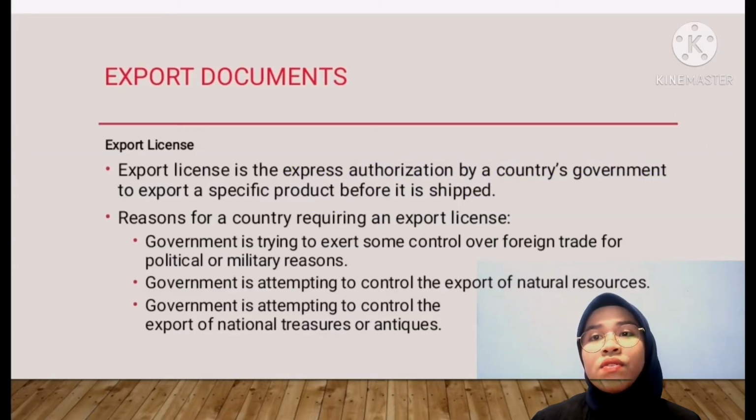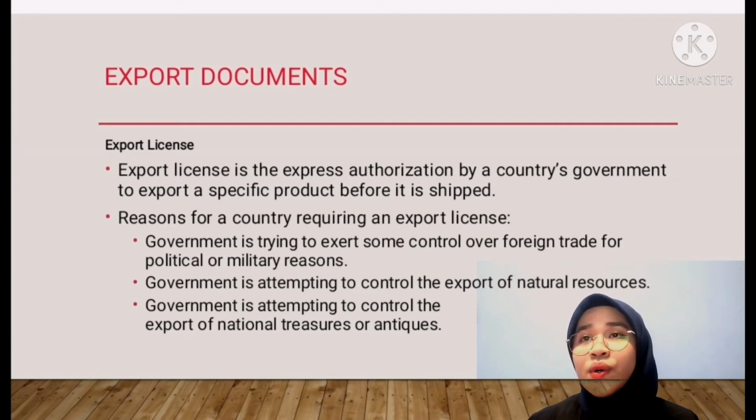So now we move on to export documents. An export document is also known as an export licence. An export licence is the express authorization by a country's government to export a specific product before it is shipped.